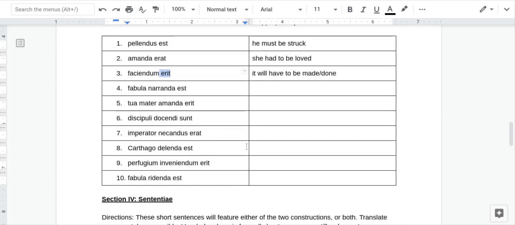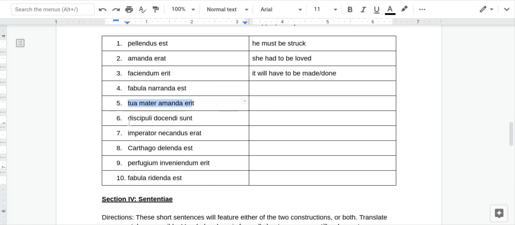All right, then let's just go through the rest. Number 4, the story, est is present, so the story must be told. Number 5, your mother, and then erit is future. So just like in number 3, your mother will have to be loved.